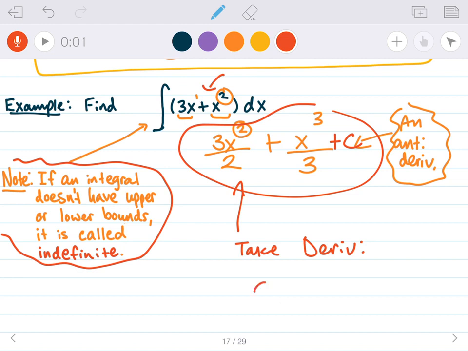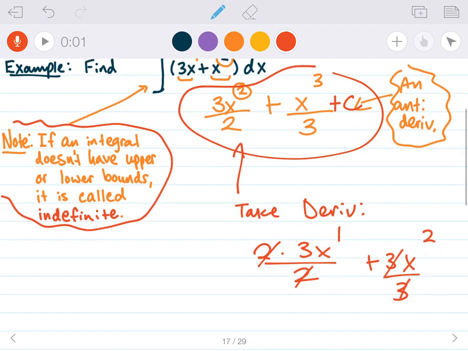I have to multiply that thing on the front and then subtract 1 from the exponent, right? So that's taking the derivative. Then for the second one, I do the same thing. So this is 3x squared over 3, which cancels out. The derivative of a constant is just 0. So yes, I do get 3x plus x squared from that antiderivative that I just found. So this is how you can check that your antiderivative is correct.